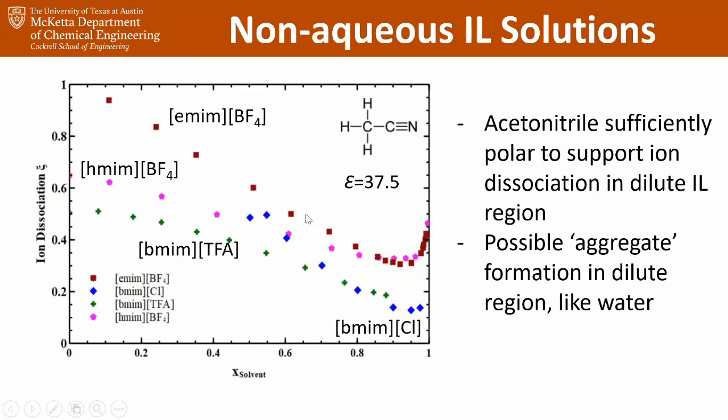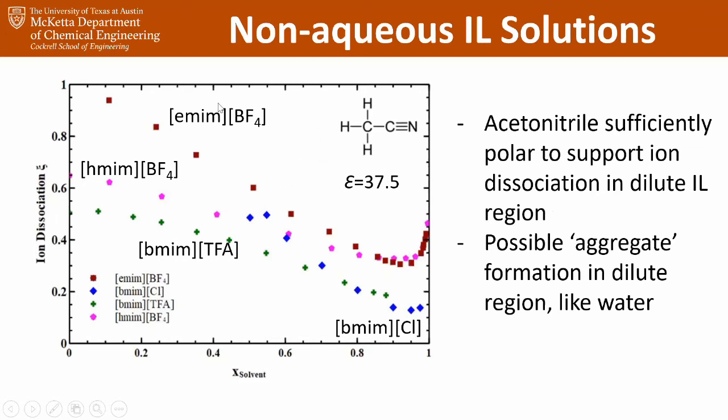Once again, you see this apparent minimum in the ion dissociation in the 90%, 95% region. And so once again, it's possible that we may have this aggregate formation, or a case where the size of the effective diffusing species is larger in the acetonitrile, just like it is in water.